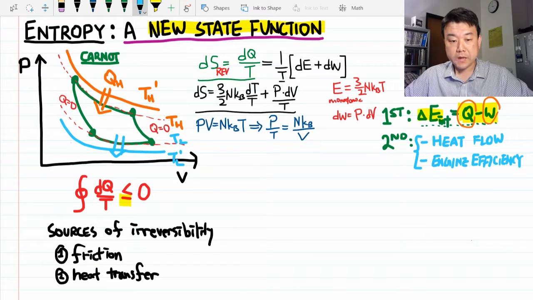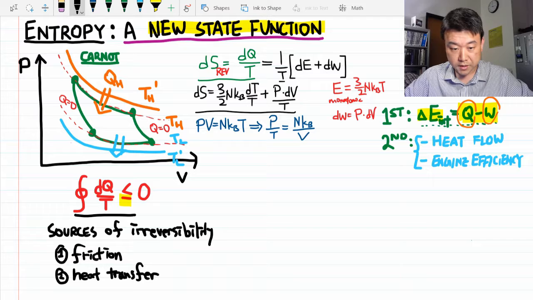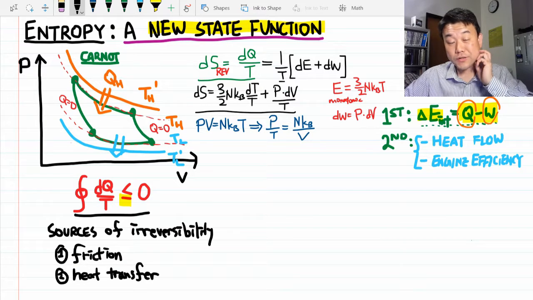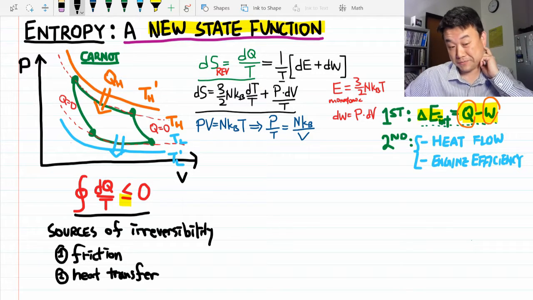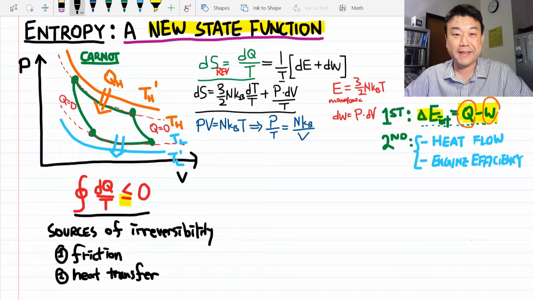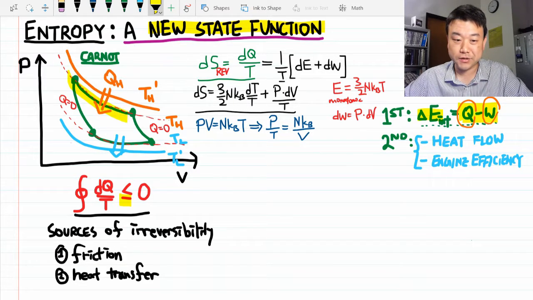Now, if you are wondering how this modification is going to affect this expression here, as long as you are talking about the engine, it actually doesn't affect it at all, because nothing about the engine has changed. In fact, since entropy is a state variable, that means reversible or irreversible, if you are coming back to the same state, the total change should still be zero.